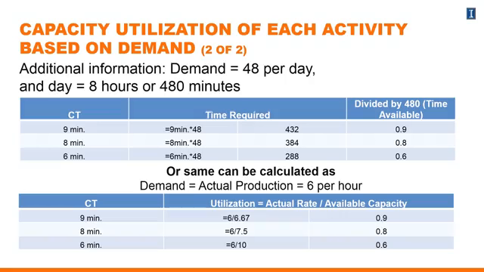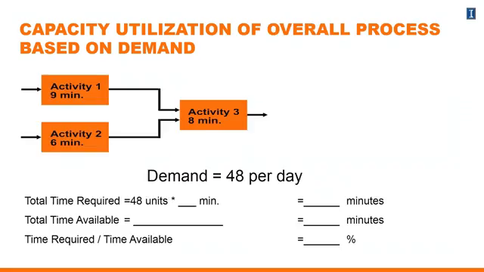One more thing about computing capacity utilization, sometimes you're interested in simply looking at the utilization of the whole process, right? You're saying you have hired 3 people to work on these 3 different tasks, A, B, and C, and all I care about is the utilization of this whole process. So this can be calculated based on, well, we are producing 48 units.